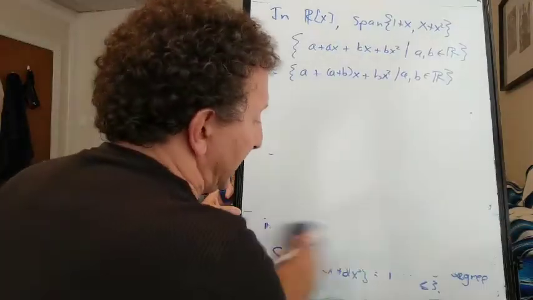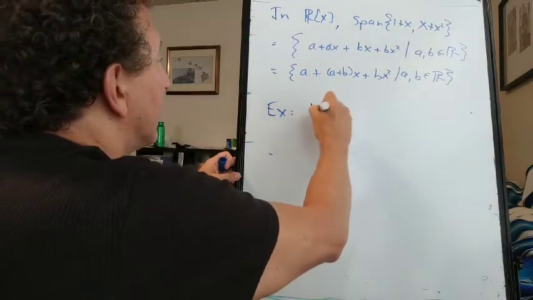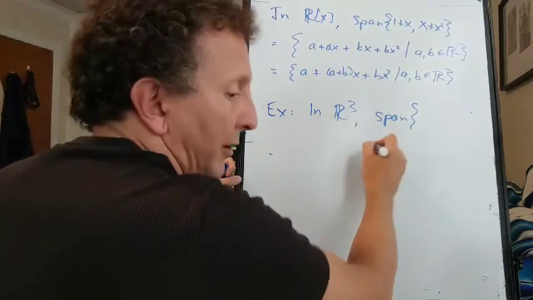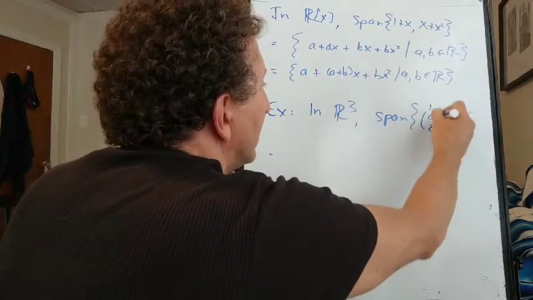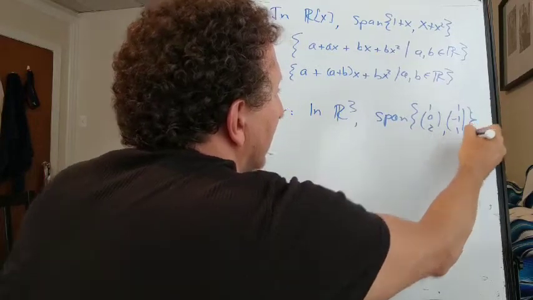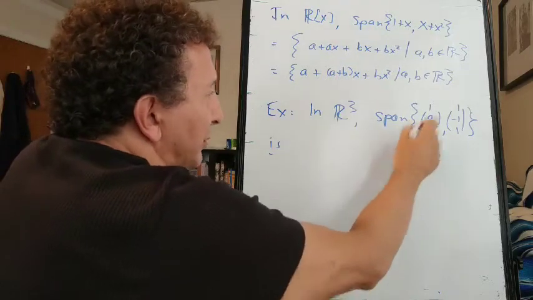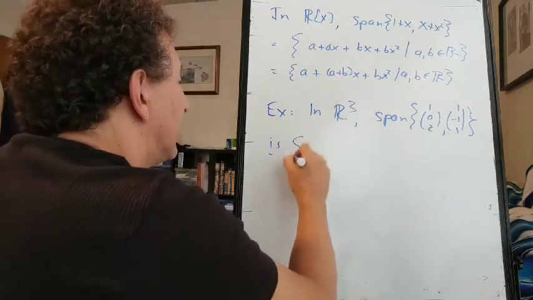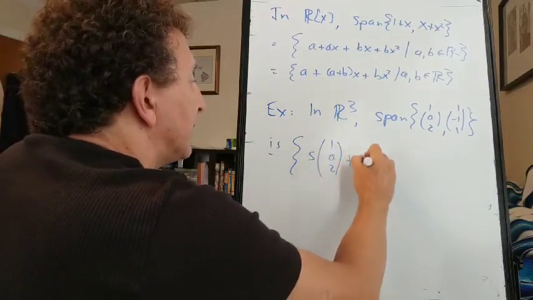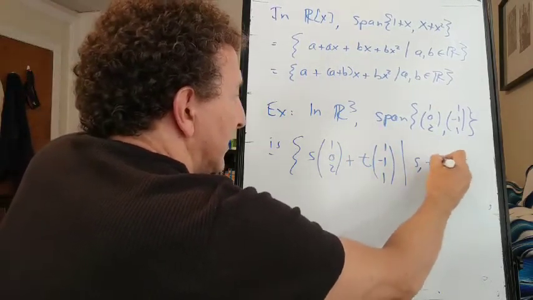Similarly, in R3, I could name two vectors. The span of the vectors (1, 0, 2) and (1, -1, 1) is all the things we can get by taking a multiple of the first plus a multiple of the second. Something like s(1, 0, 2) plus t(1, -1, 1), where s and t are real.